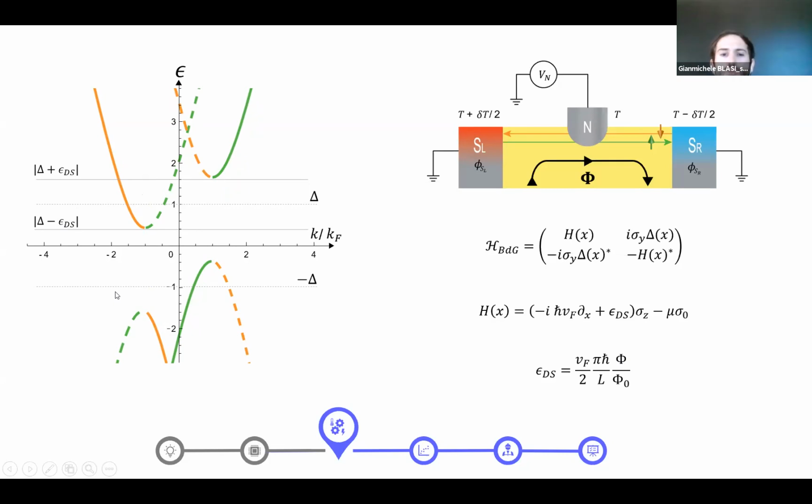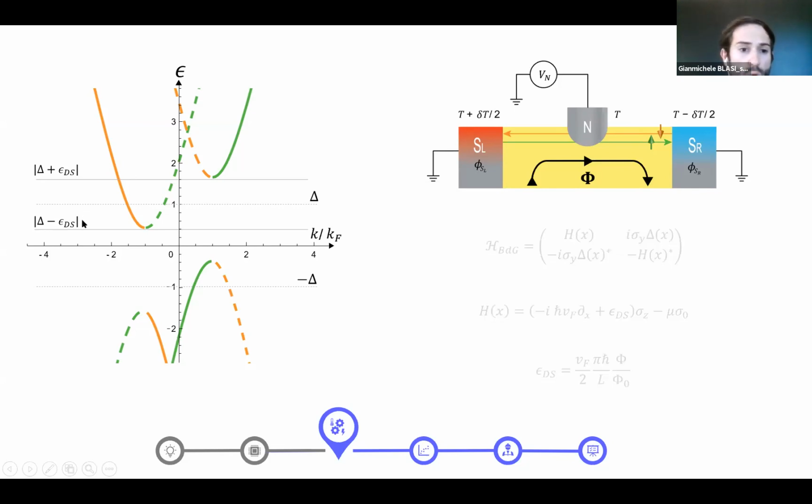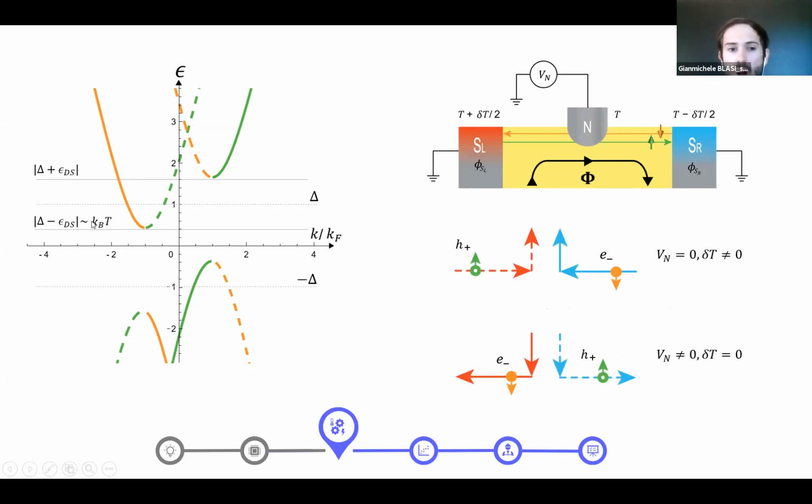But now, in order to grasp the physical mechanism which induces the occurrence of a thermoelectric current in the probe when one applies a thermal bias between the two superconductors, let us consider the case in which we are in the linear response regime, where Vn and delta T are very small, and also for simplicity, let's consider the case in which this difference, delta minus epsilon DS, is of the same order of the thermal energy of the system.